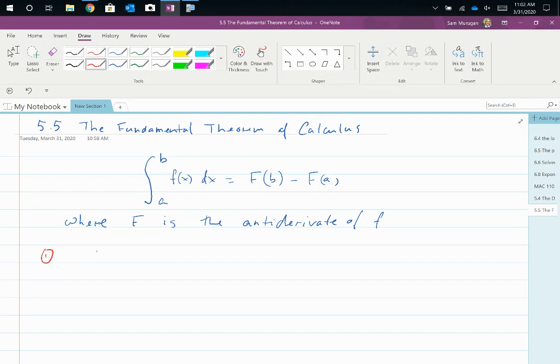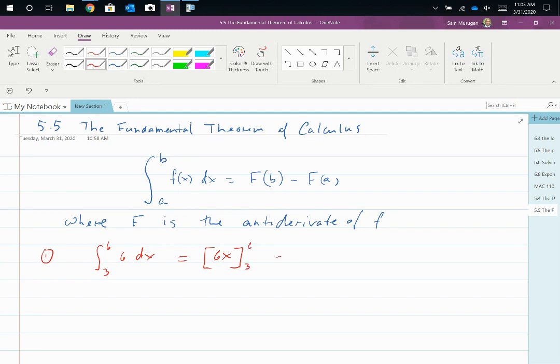So let's take several examples. This is from your homework. Integral of 6 dx. The integral of 6 is 6x, and this is integrated between 6 and 3.